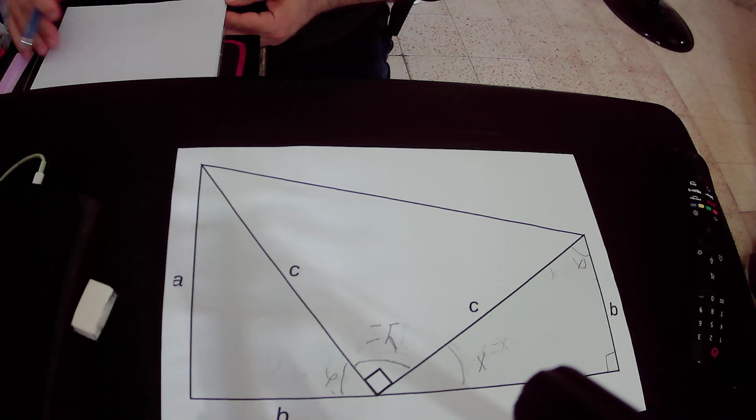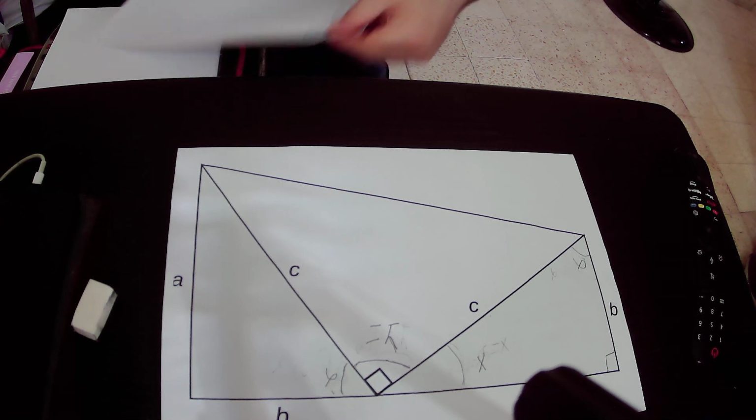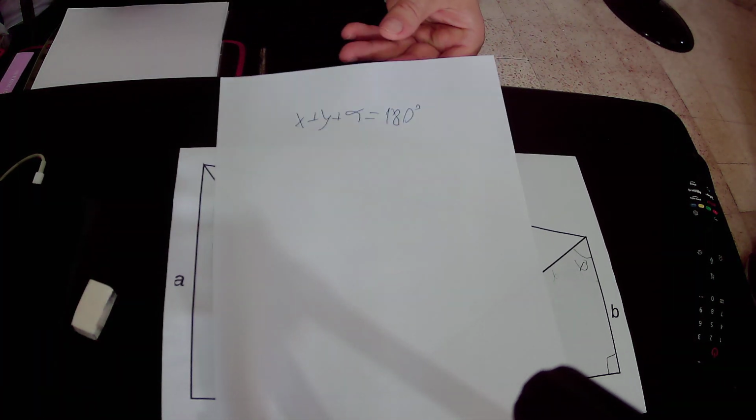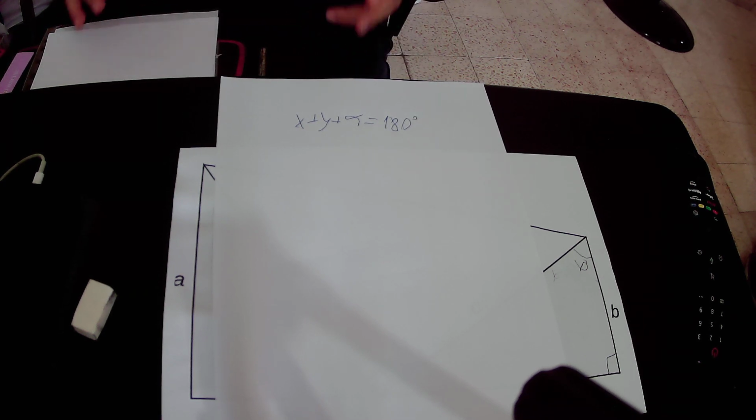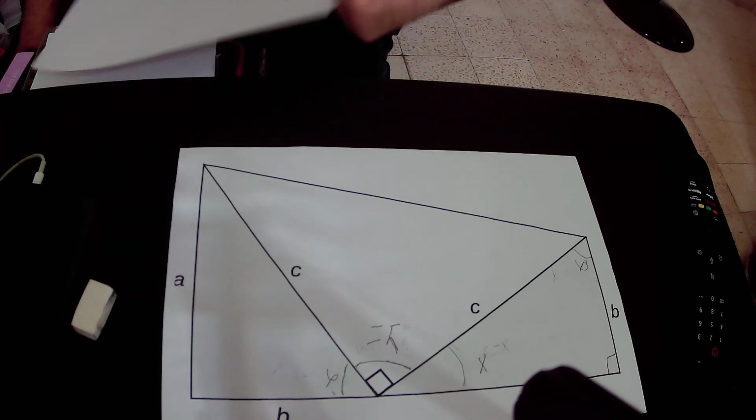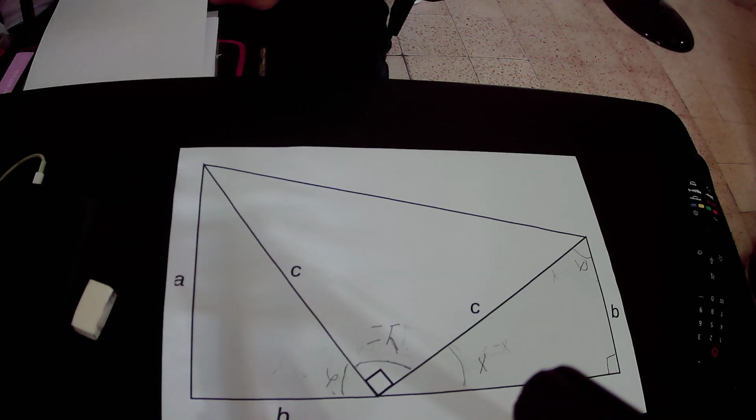As you can see here, if we look only at one side of a straight line, the sum of its angles must be 180 degrees, so x plus y plus alpha equals 180 degrees. But we know already that x equals 90 minus alpha, so we can substitute x by 90 minus alpha.